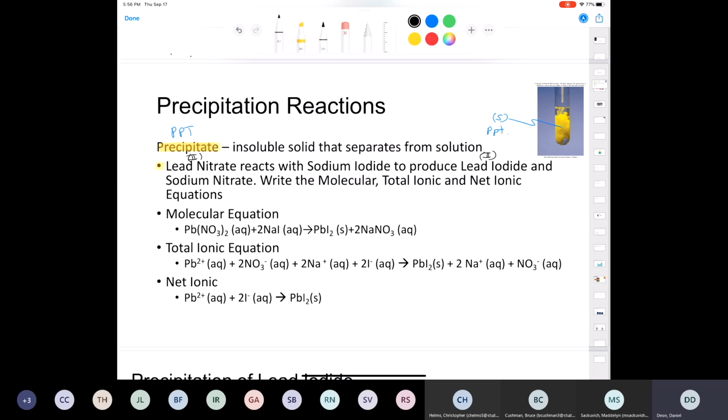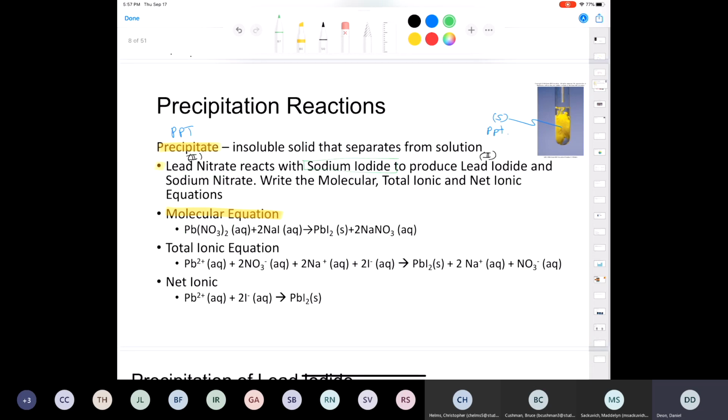A molecular equation is when you just write out the entire reaction, okay? You just write out everything. And it's telling you that you have a solution of lead 2 nitrate. What's the formula for lead 2 nitrate? Well, you should be able to put that together. Lead 2 nitrate is Pb(NO3)2, which reacts with sodium iodide.